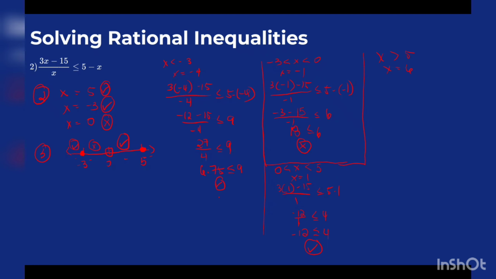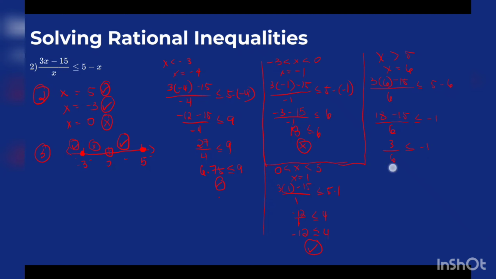Substituting again, that is 3 times 6 minus 15 divided by 6 is less than or equal to 5 minus 6. 3 times 6 is 18 minus 15 over 6 is less than or equal to negative 1. 18 minus 15 is 3 over 6 is less than or equal to negative 1.